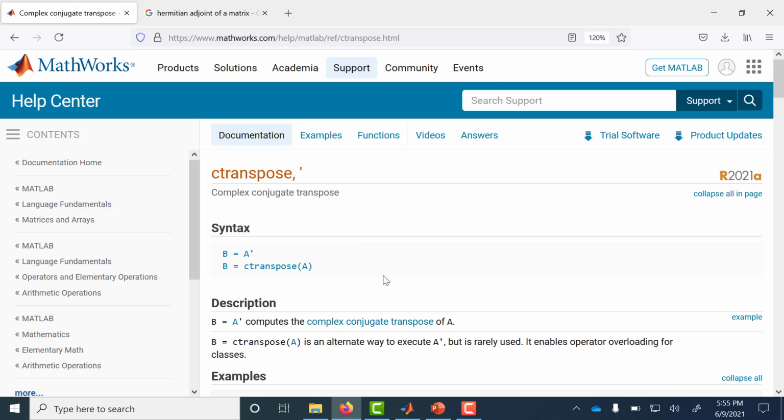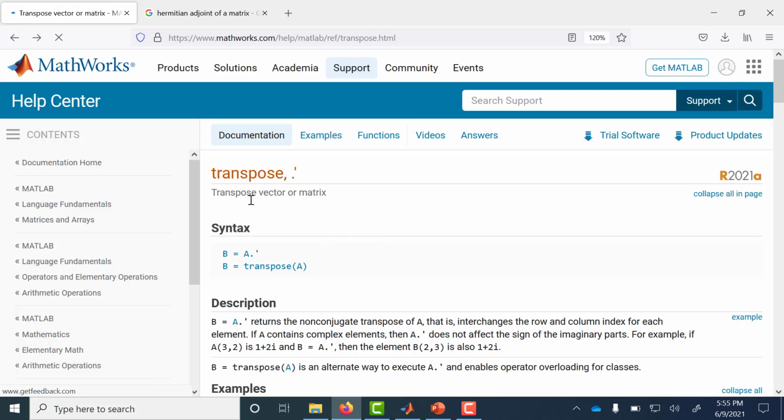Usually if you're dealing with real numbers, it wouldn't matter, but I just wanted to highlight that the tick, the prime, the apostrophe by itself, is the complex conjugate transpose, as opposed to the normal transpose that's shown as a dot tick, or dot prime, or dot apostrophe.